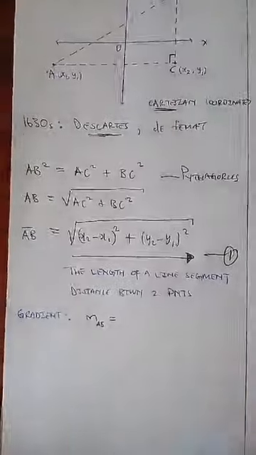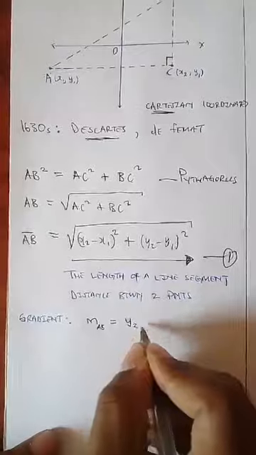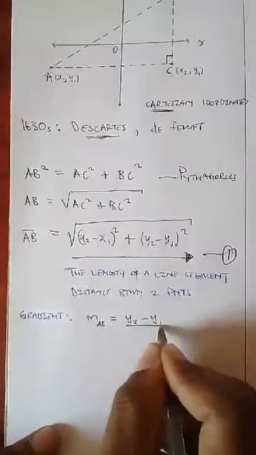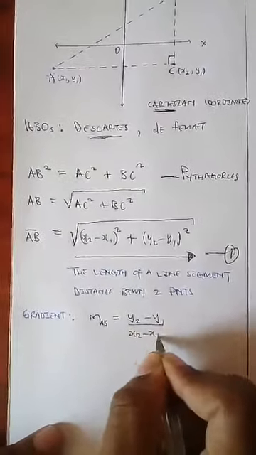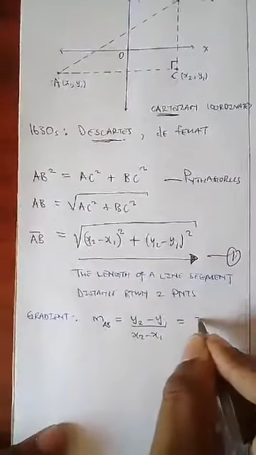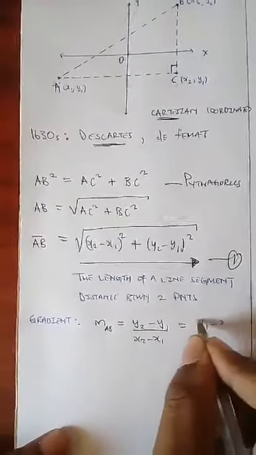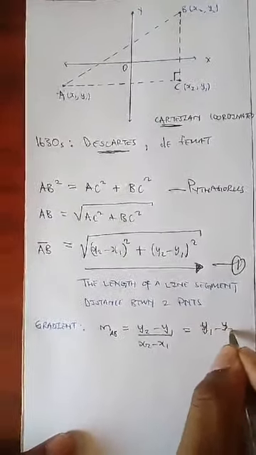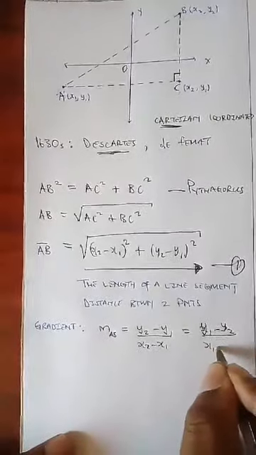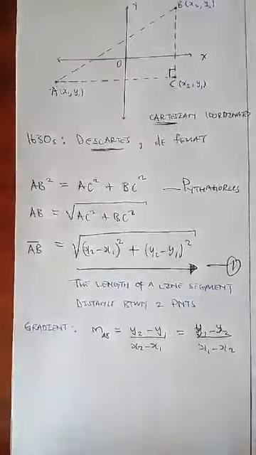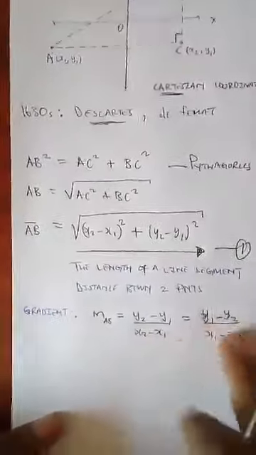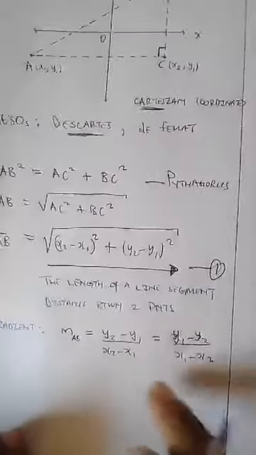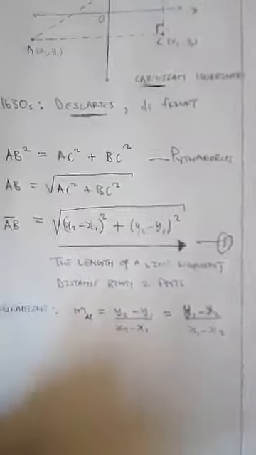And how would you do it? Here's the equation. It's always y2 minus y1 all over x2 minus x1. This is the same as y1 minus y2 all over x1 minus x2. I don't have a preference. These two expressions should give you the same result.